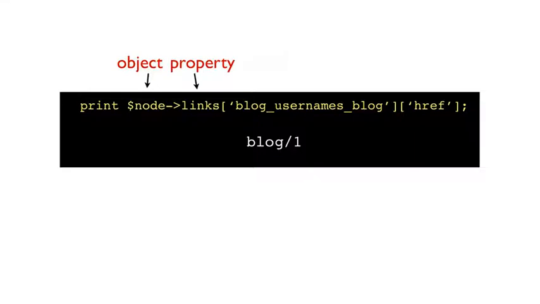Links is actually a two-dimensional array where we have first a key of blog_usernames_blog, and then within that we have an href key. We can see that value prints out blog/1, which is the URL for an individual user's blog.